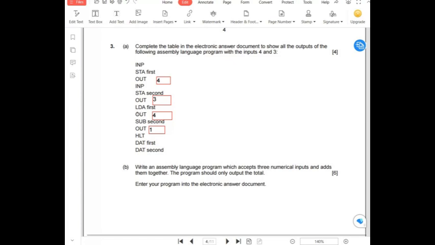Then we loaded 4, outputted 4, subtract 3 from 4, which gives us a 1. HLT just means stops the program. And the DATs are data locations for storing the first and second numbers, which will be inputted, in a memory location. Okay? So that is a nutshell on question 3, part A.